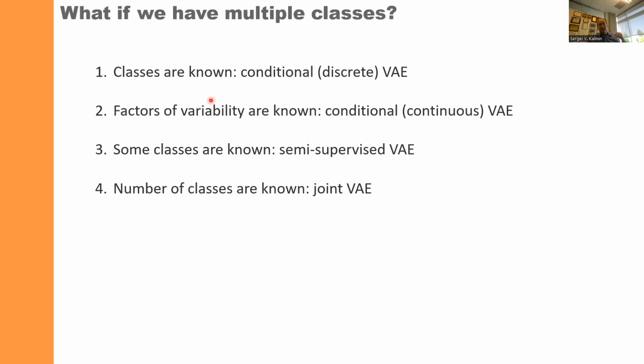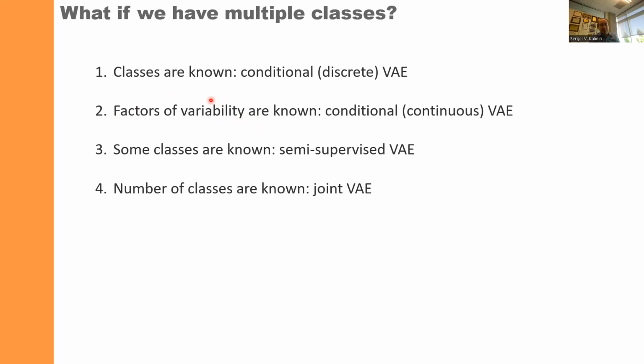The second scenario is when the factors of variability are known, but they are continuous. For example, it can be a single parameter that is attached to each data object. It can be actually a vector of parameters, but in some sense, it is a latent variable which is known in advance. Where these parameters come from is a guess. This is going into the great unknown to some extent.